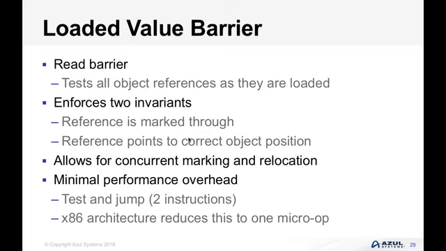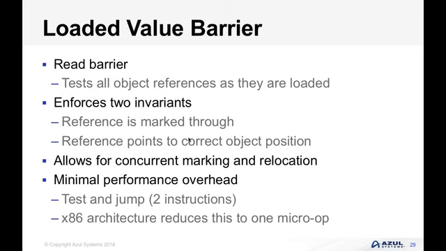We look at the bits in the object pointer, and we say, is the state what we expect it to be? If it's not, we need to jump to a trap handler and do some work. If it is, then we carry on and we don't need to do anything else. On an x86 architecture, this boils down to essentially 1 micro-op. So it's a very, very low overhead for your application.